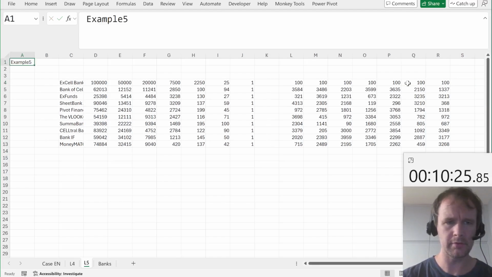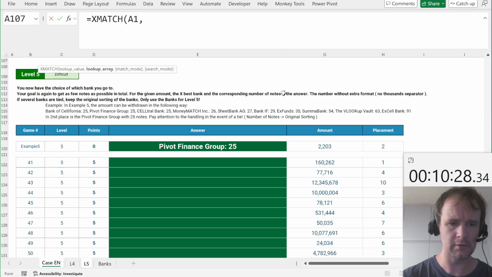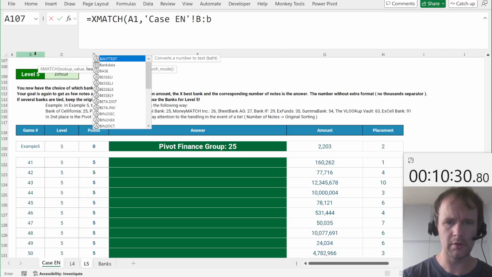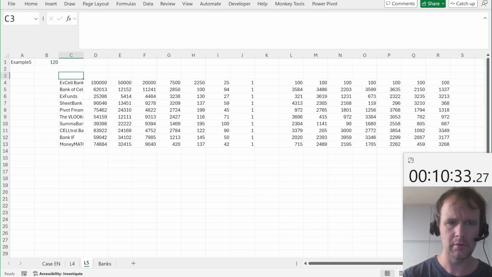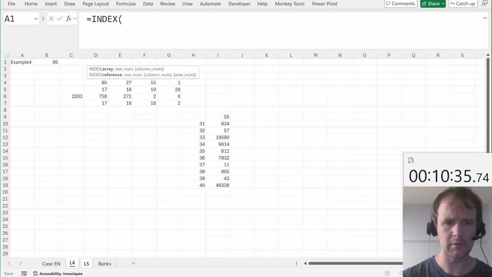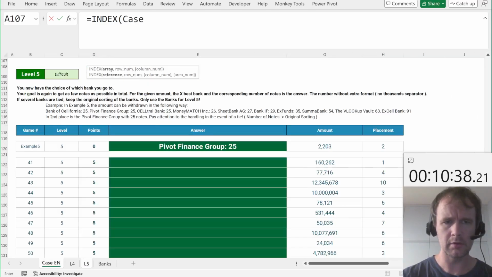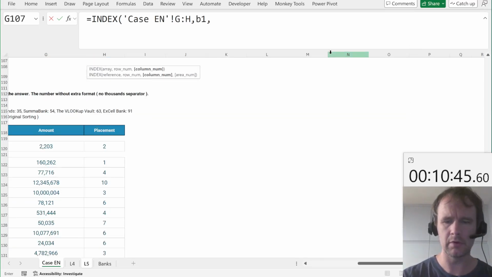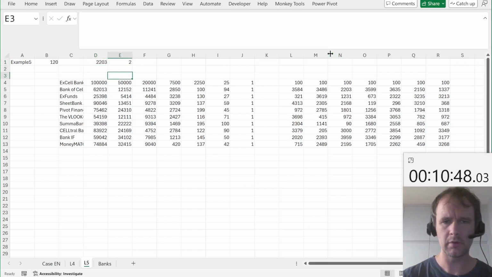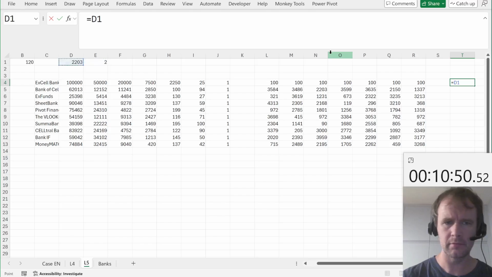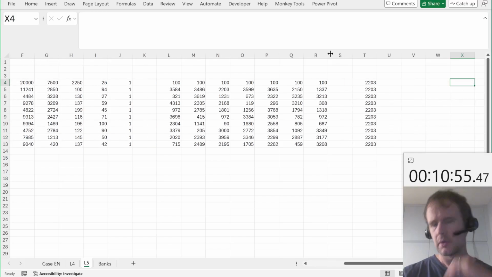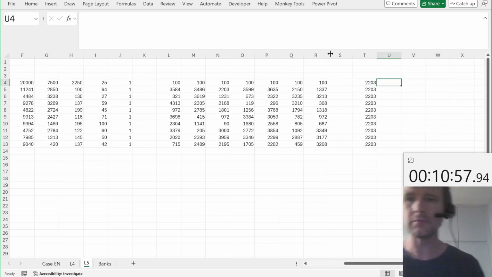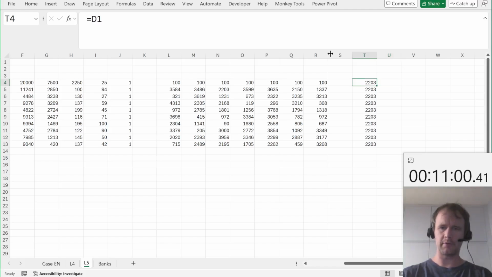No, sorry. Let's do x match this against b. And we want index. Never mind. G to H. B1. Okay. Alright, so we want the value left. I want to know how many of the note.